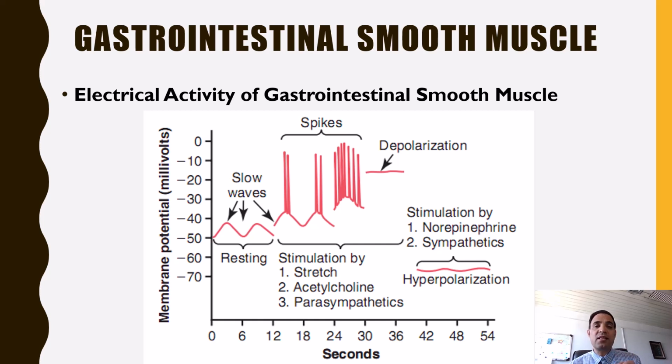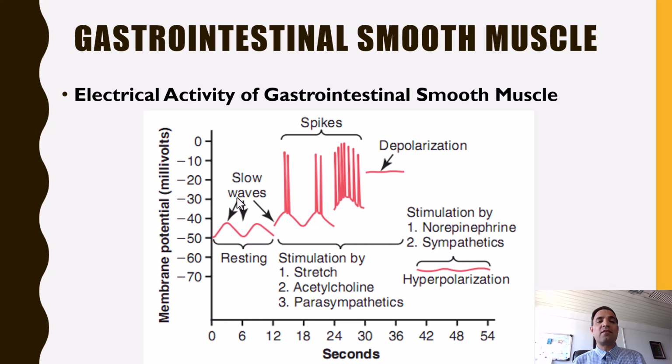But the difference between the smooth muscle of the gastrointestinal system and other smooth muscle is that the resting membrane potential does not remain constant all the time. And it shows some oscillation that is named slow waves.